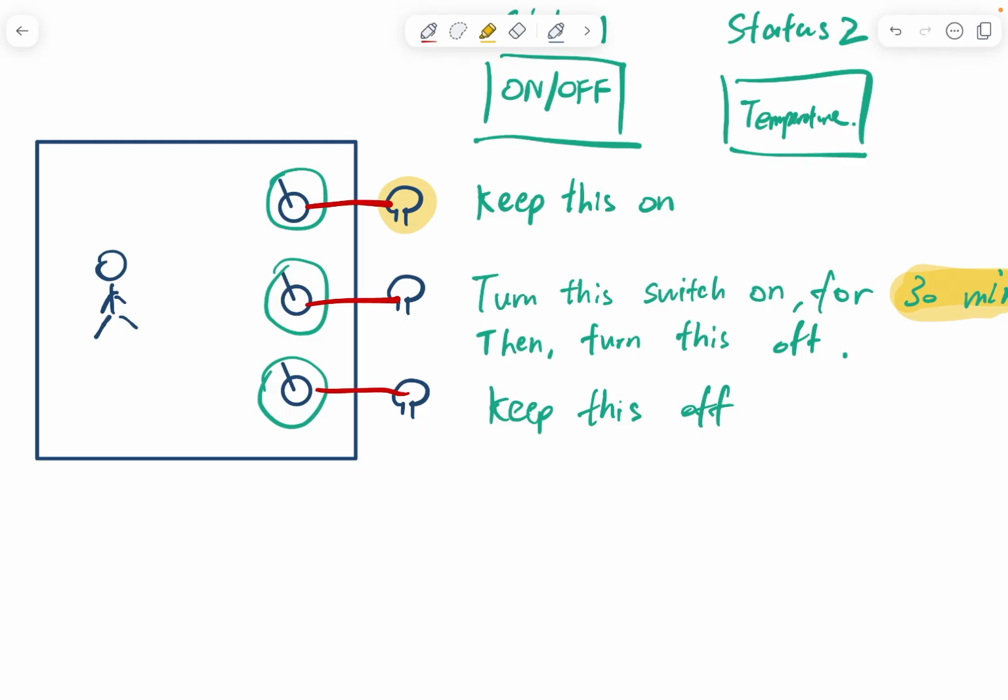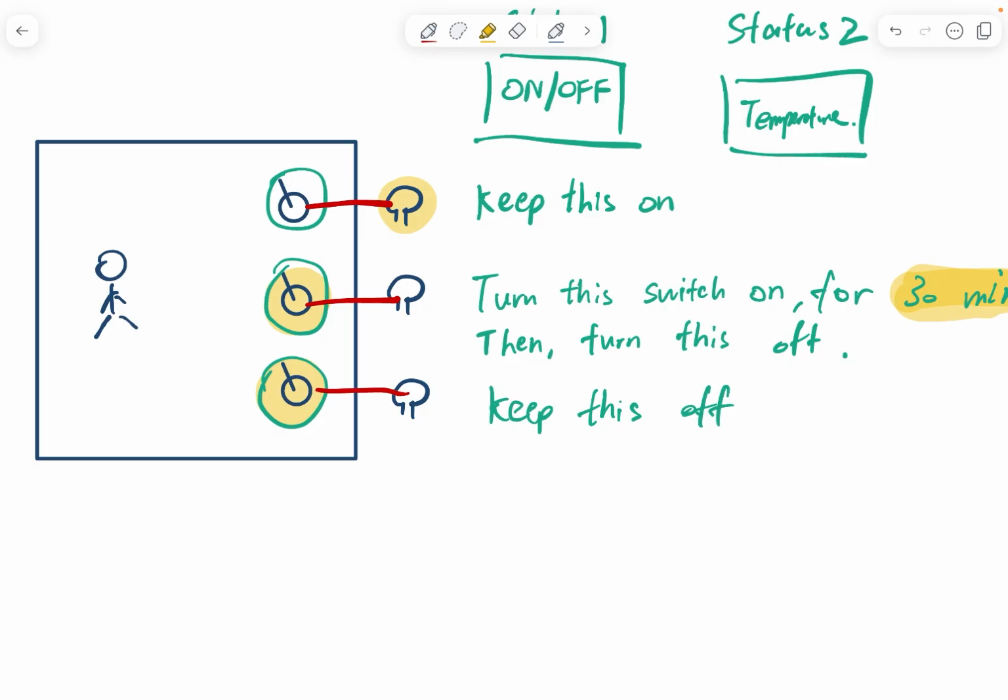So you can actually differentiate the two light bulbs by their temperature. The warmer light bulb is associated with this control. The cooler light bulb is associated with this control.